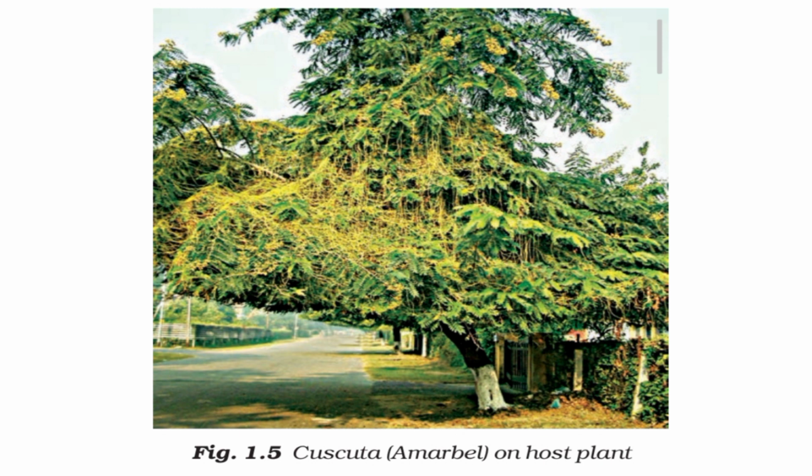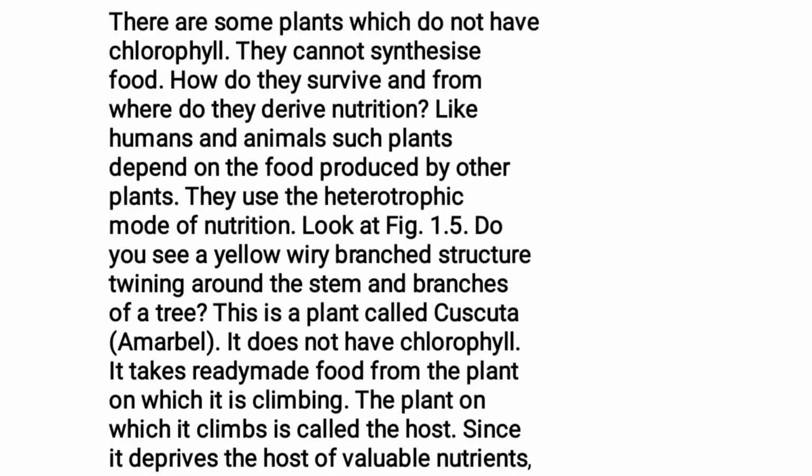That green plant is called the host plant. The host plant gives up nutrients for the Cuscuta for its survival. This type of nutrition is called the heterotrophic mode of nutrition.